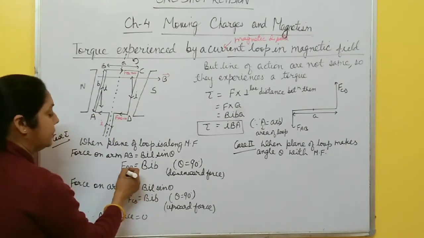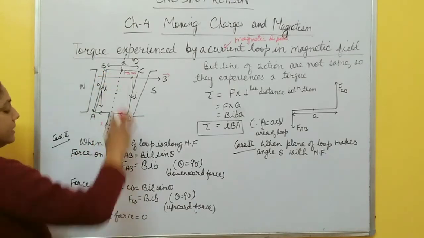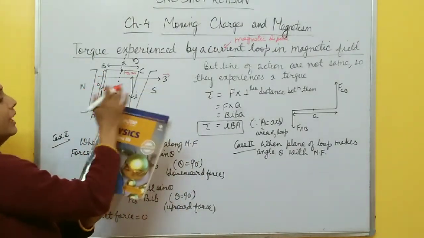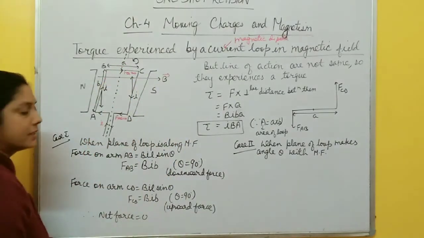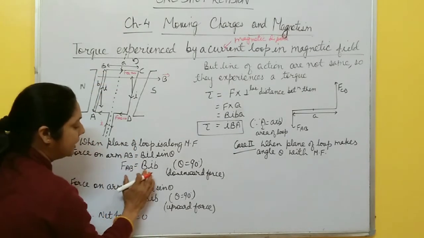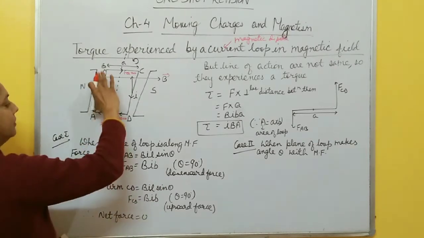So this force on AB is BIL. In place of L, let us consider that this side is b, and this side is a. a and b are the length and breadth of this rectangle. So force on arm AB is BIb, right? b is the length of this AB.